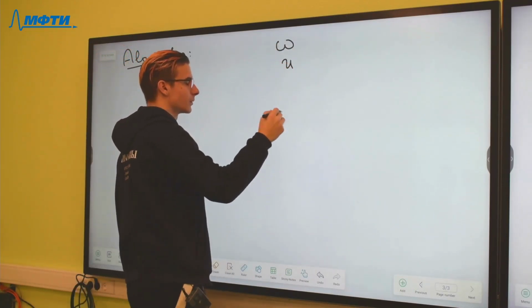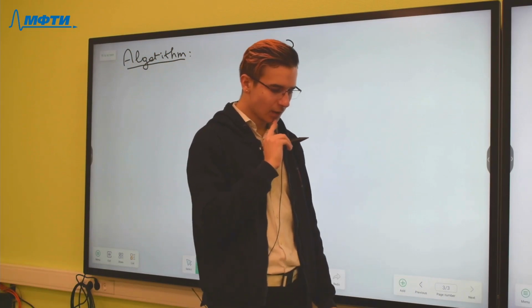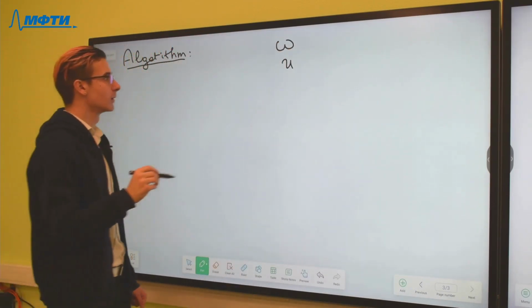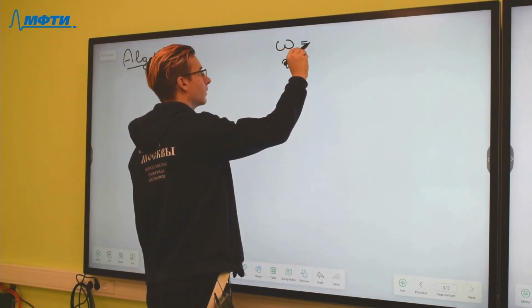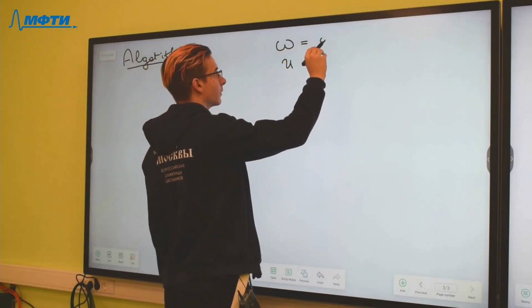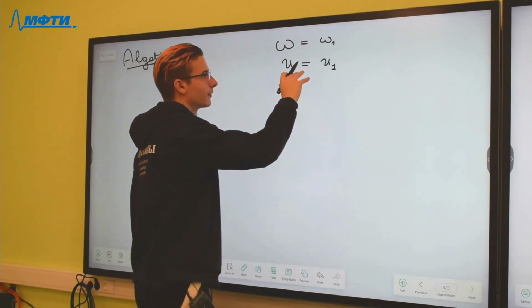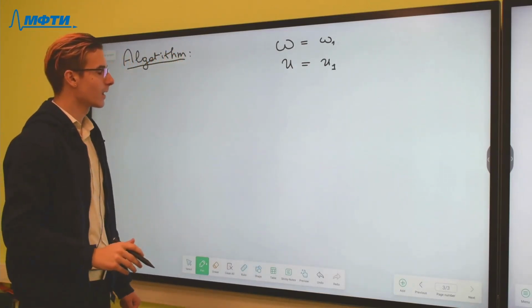V and U, we can compare these two words. We can start to compare, for example, the first two characters.